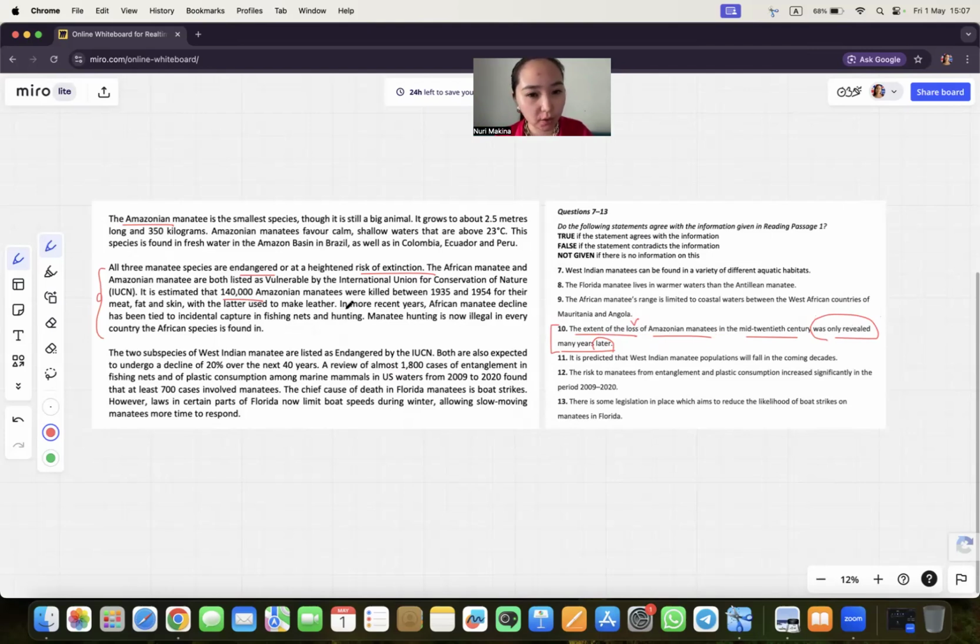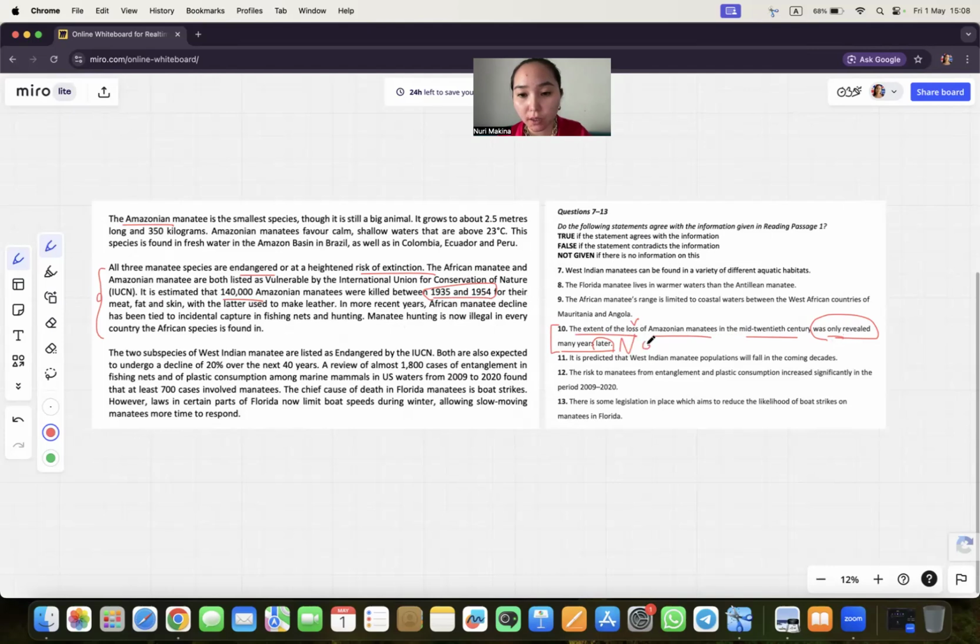We have nothing about comparison. We don't know whether it was an earlier, lower number than this or not, and was only revealed many years later. No, nothing. We have the number for this time period and for their meat and fat and skin, but we have nothing about many years later. So the answer is not given.